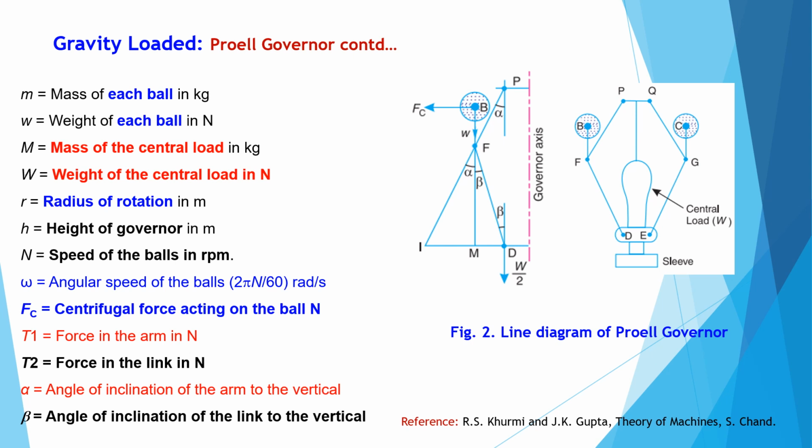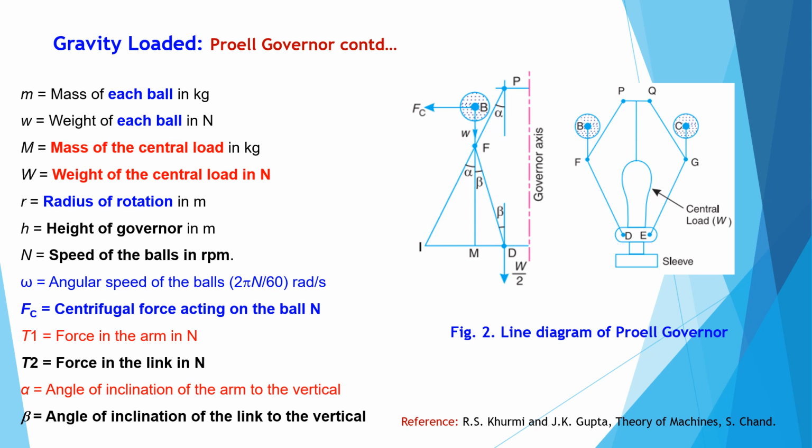Here again, the mass of the fly balls is more as compared to the mass of the links, arms, or the extension arms. Or we can say the mass of the arms, links, and extension arms is negligible as compared to the fly balls.